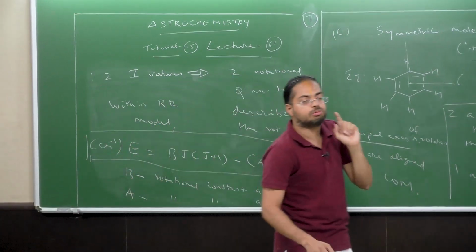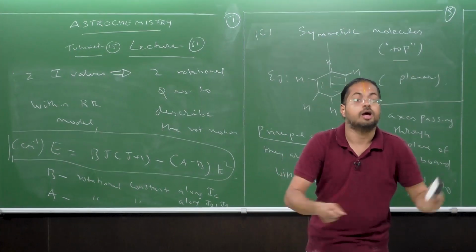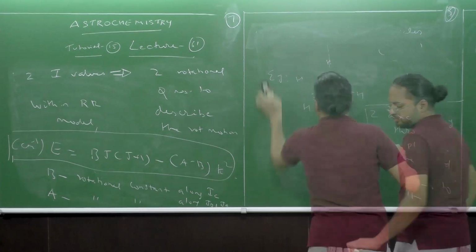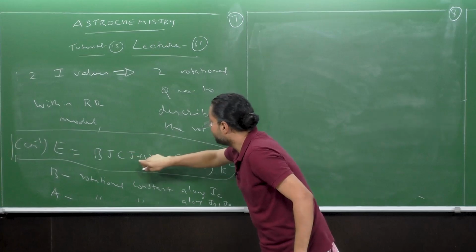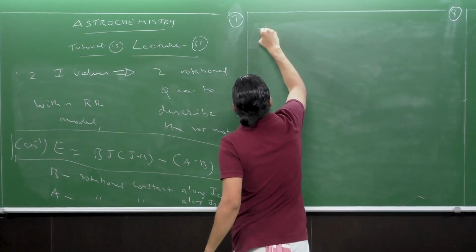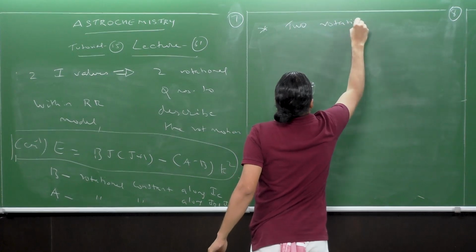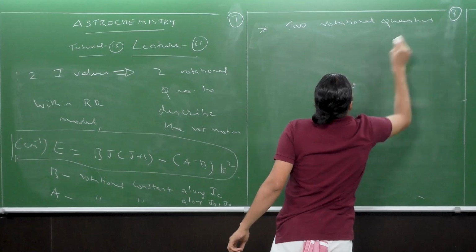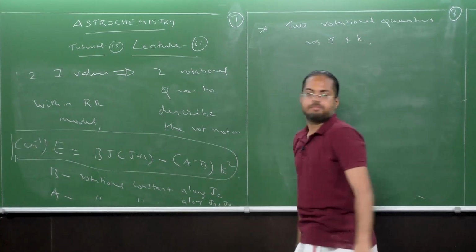It's not just the rotational constants which are two in these cases, but also the quantum numbers. Just like I have two rotational constants, I also have two rotational quantum numbers, J and K.